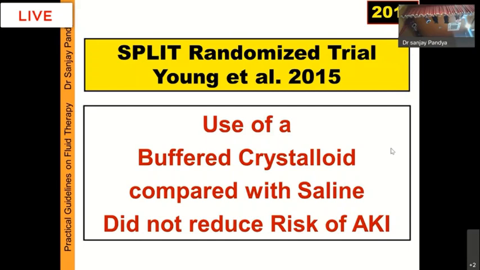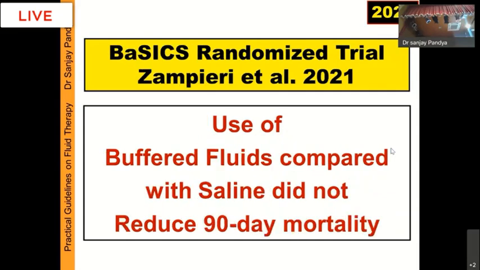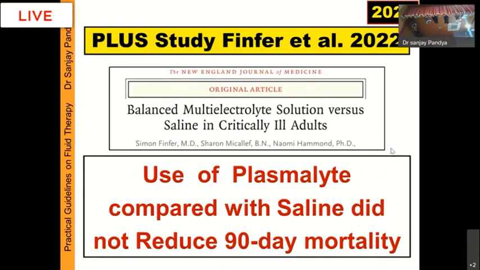Then the BASICS trial 2021: use of buffered fluid compared with saline did not reduce 90-day mortality. Any other additional evidence? The 2022 PLUS trial said that use of Plasma-Lyte compared with saline did not reduce 90-day mortality.